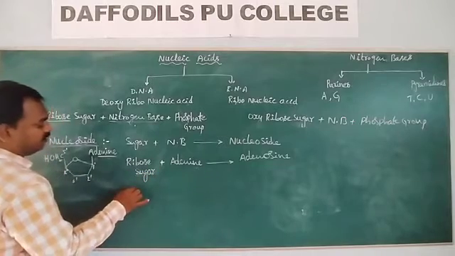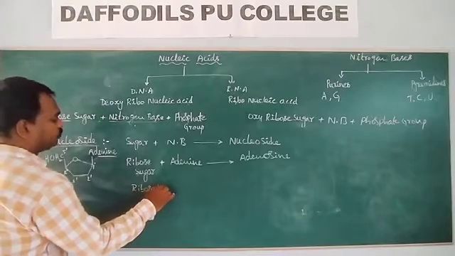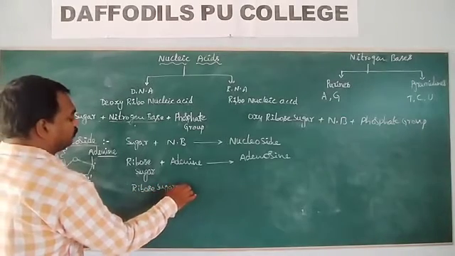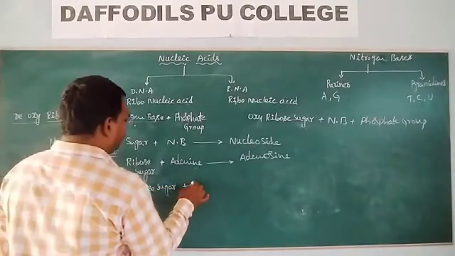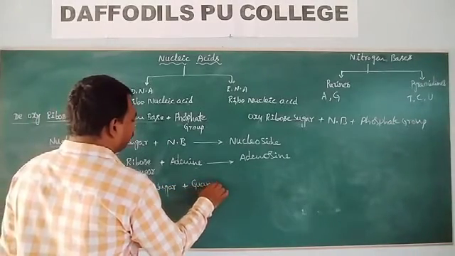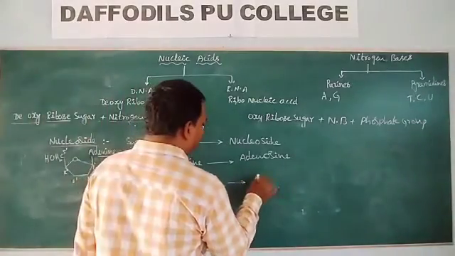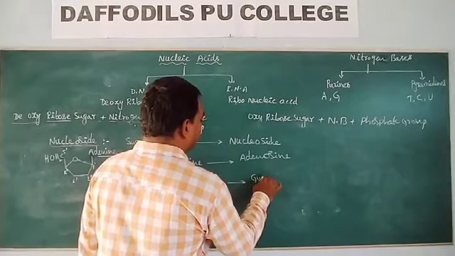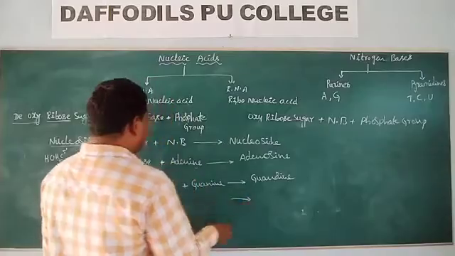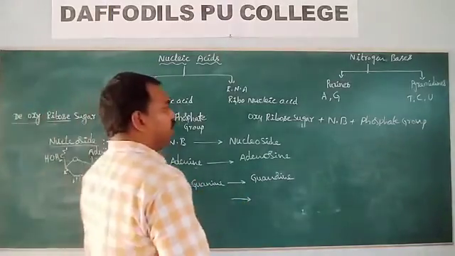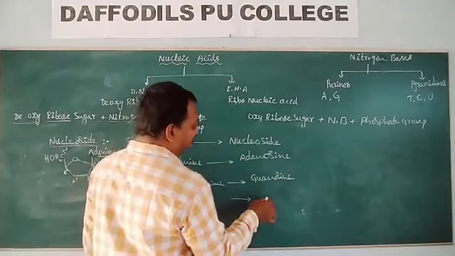Next, the second one. When ribose sugar is bonded with guanine, the nucleoside formed is guanosine. When ribose sugar is bonded with thymine, the nucleoside is known as thymidine.